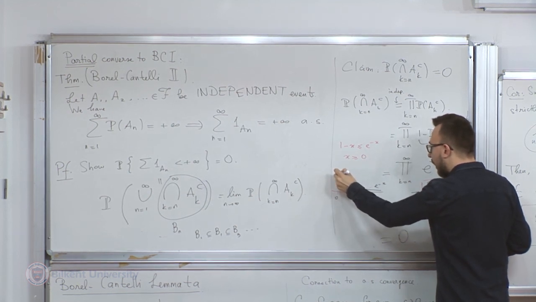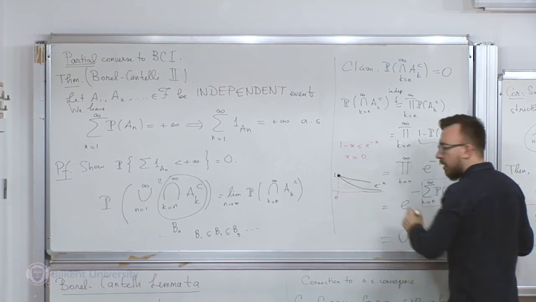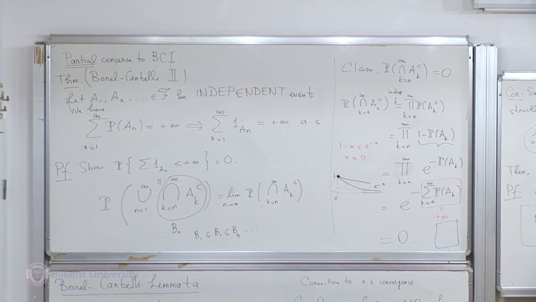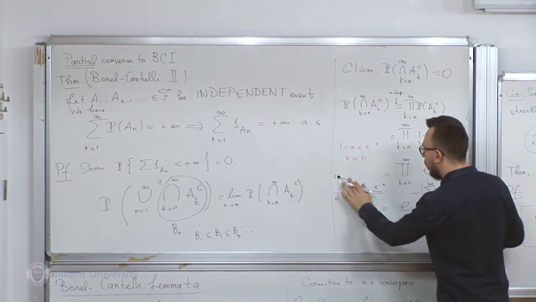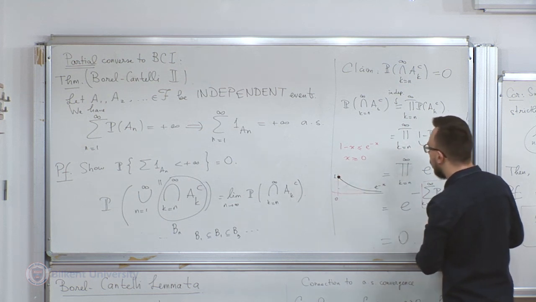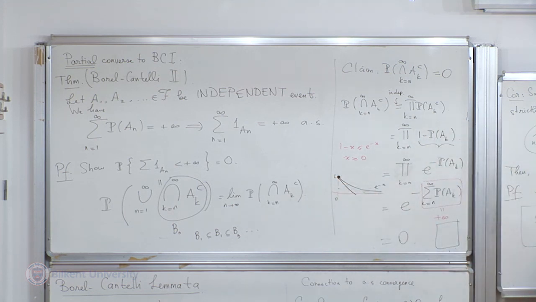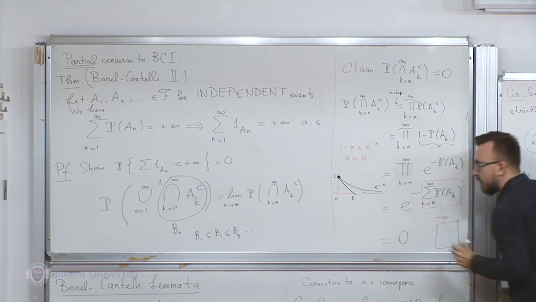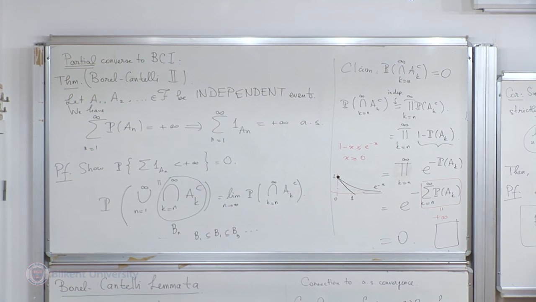And then it decreases like this, right? So it's going to cross the axis at 1. Yeah, 1 minus x is less than e to negative x.